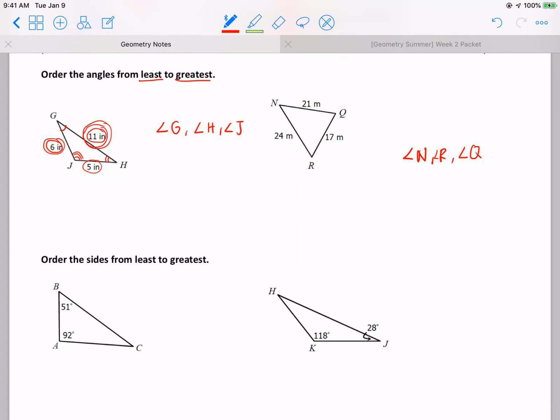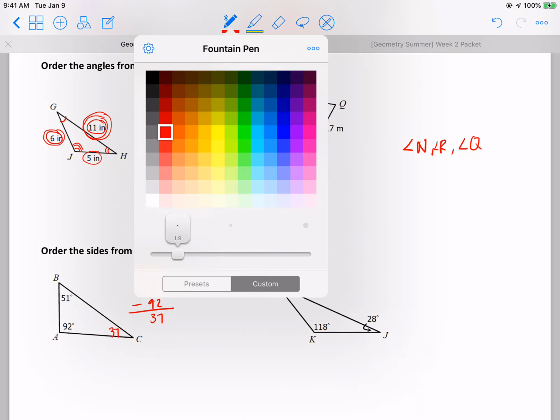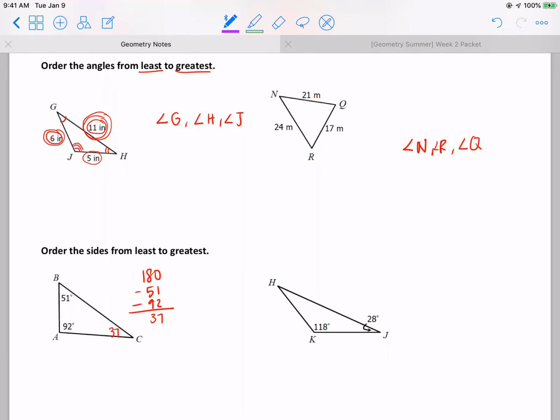Okay. Next one. Order the sides from least to greatest. Okay, we have to figure out what the last angle is first. So I'm going to take my 180 minus 51 minus 92. The last angle would be 37. So this is 37 right here. Now we're going to find, hey, what's across from the smallest angle? It's this length, so that would be 1 tally mark.